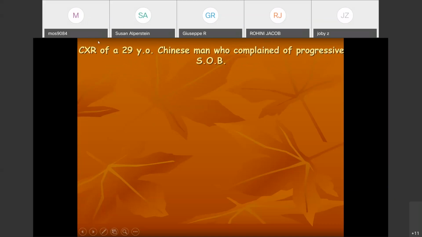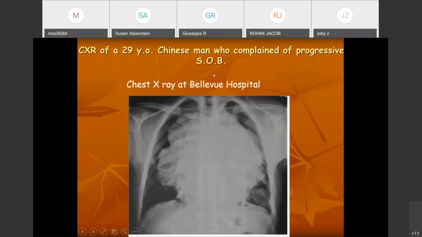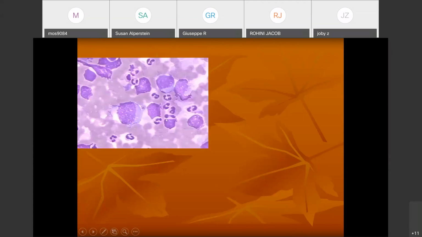So that's typical seminoma. And then I have a Bellevue patient, a young Chinese man, with progressive shortness of breath. No wonder you're short of breath, this big tumor, a typical Bellevue patient. FNA was performed.